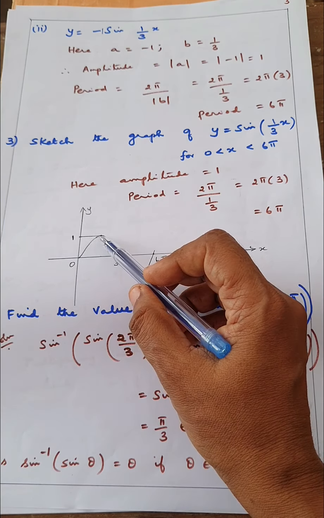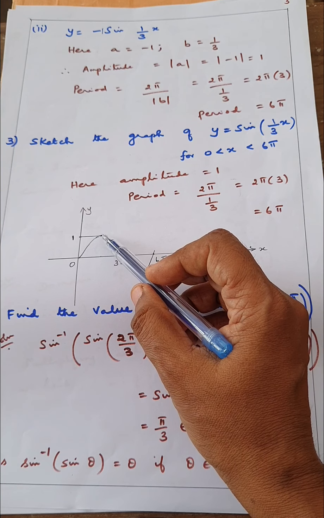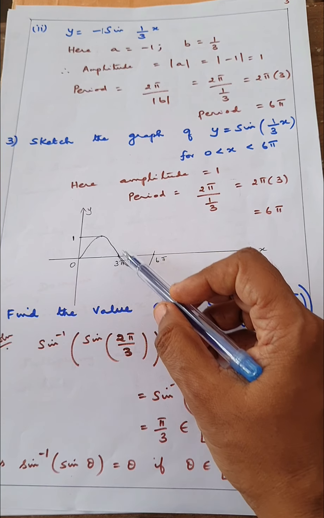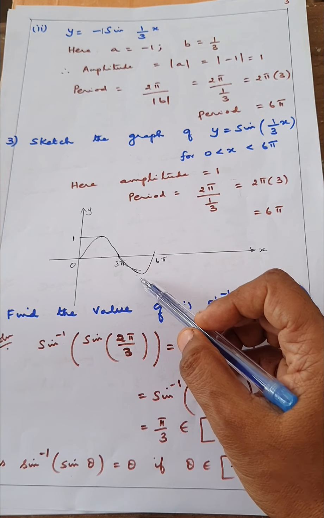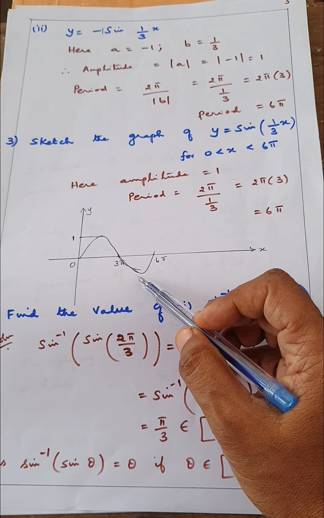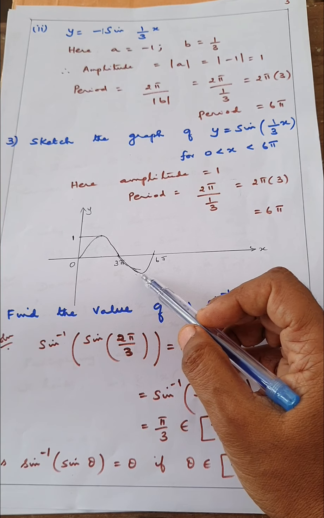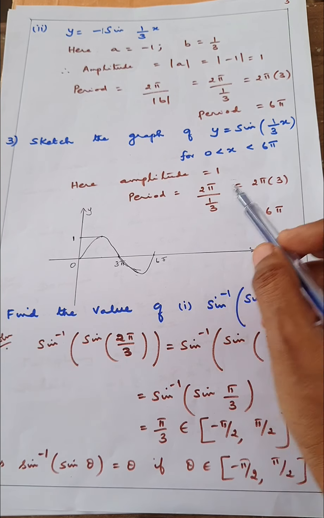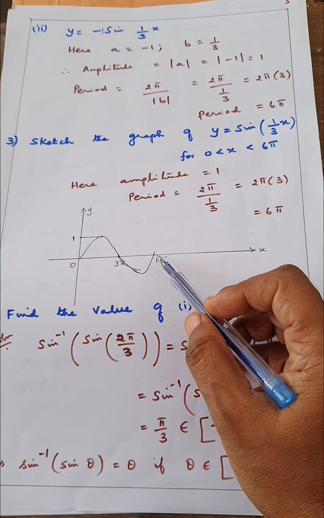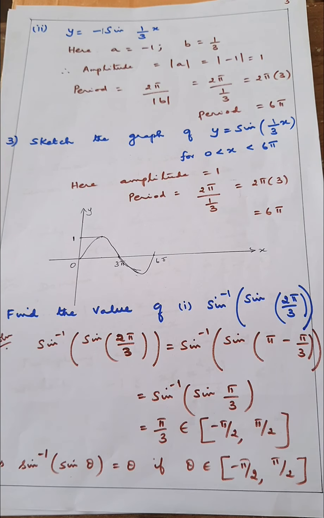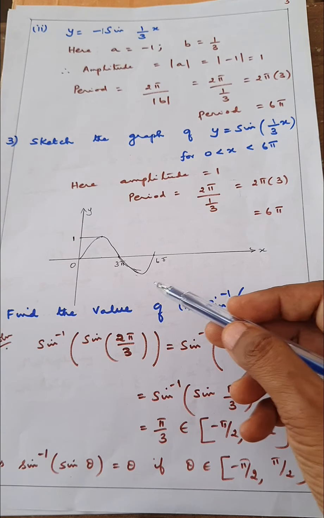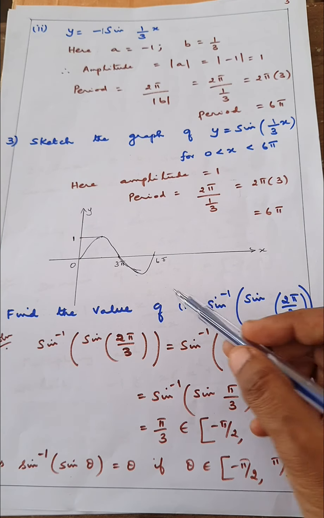Starting from 0, it reaches the maximum height from the x-axis, which is 1, and then at 3 pi the sine is 0, and then it comes down, the minimum value will be minus 1 for sine, and then again at 6 pi it is 0, because sine n pi is 0. So this is how the graph for the function y is equal to sine 1 by 3x is drawn.